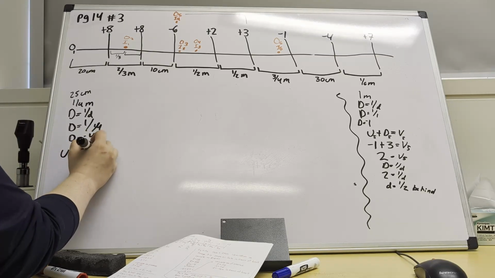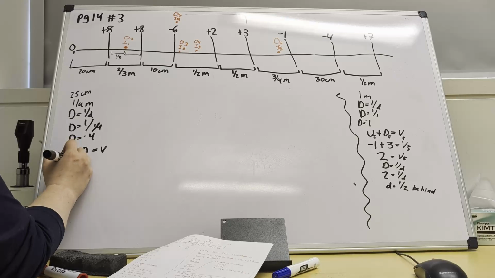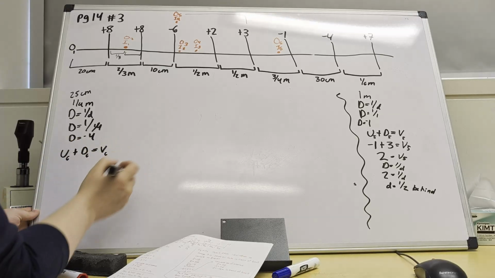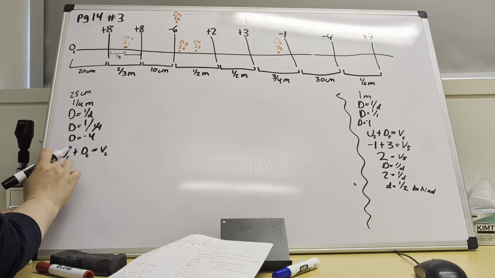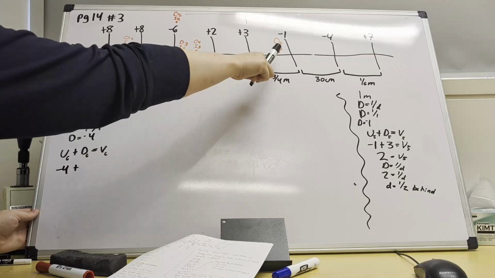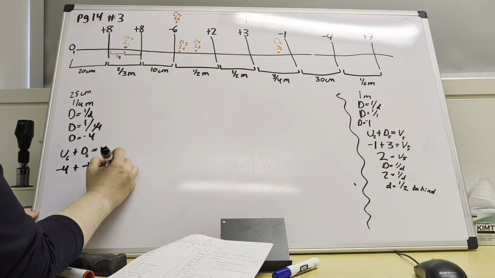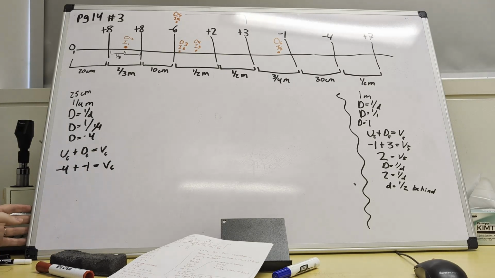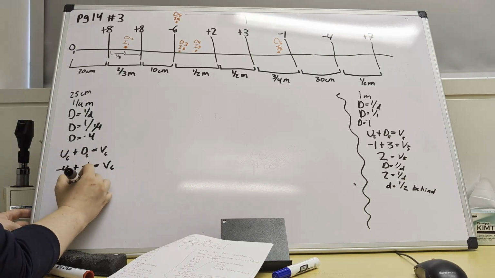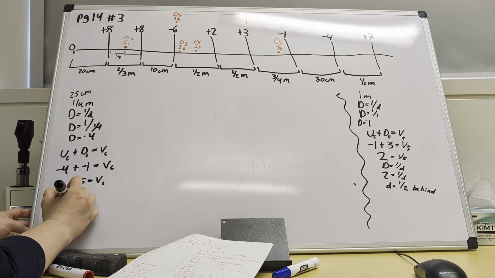U plus D equals V. We're going through lens 6. We just figured out U was -4 plus, we're going through the 6th lens, which is the -1, equals V6. -4 plus -1 is going to be -5 equals V6.